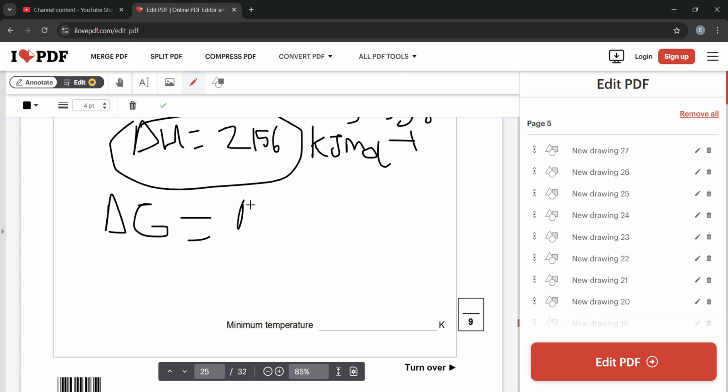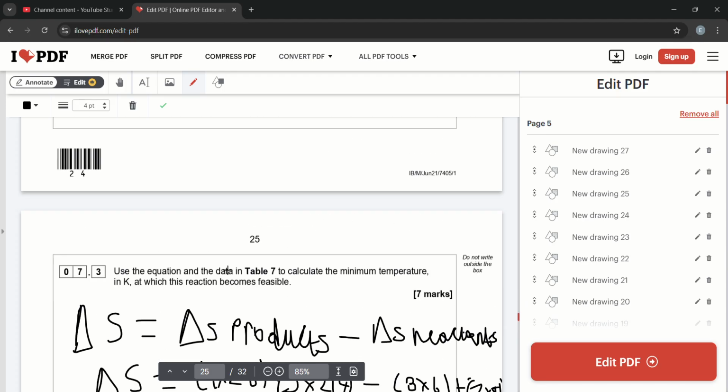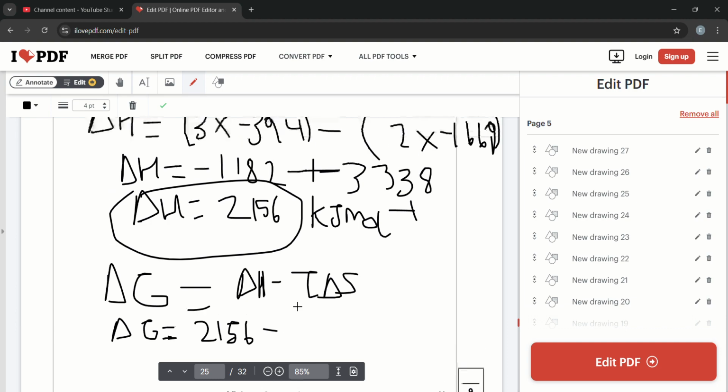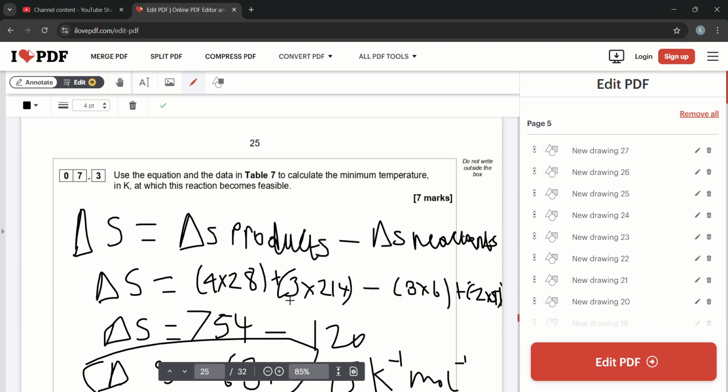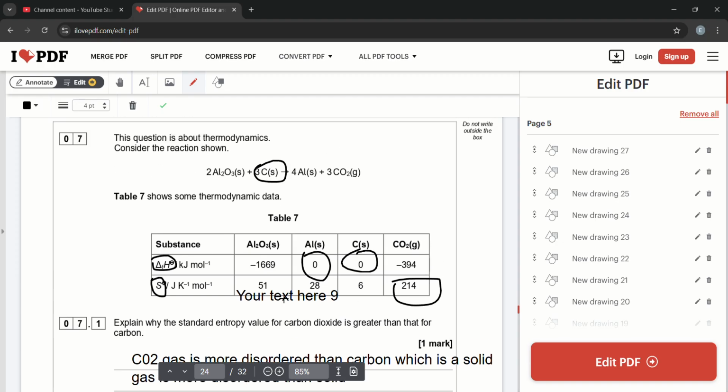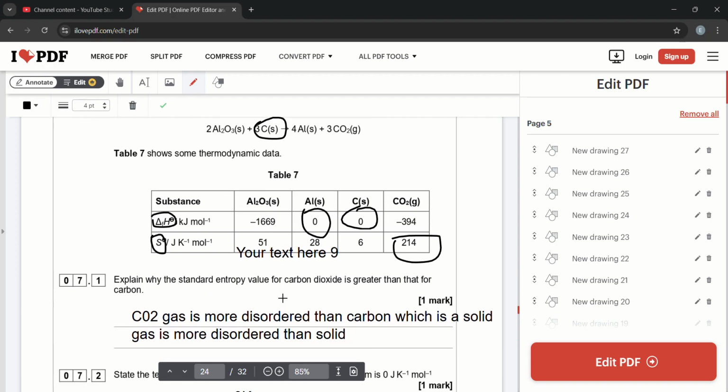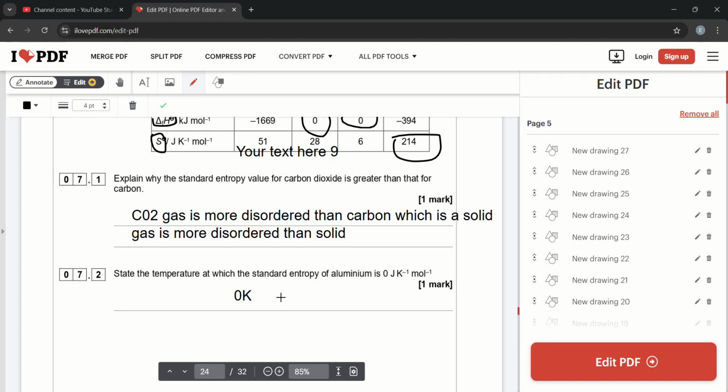Delta G is equal to delta H minus T delta S. Delta H worked out as 2156, delta S is the entropy of products minus reactants, and T is the temperature in Kelvin, which is what we're trying to find.